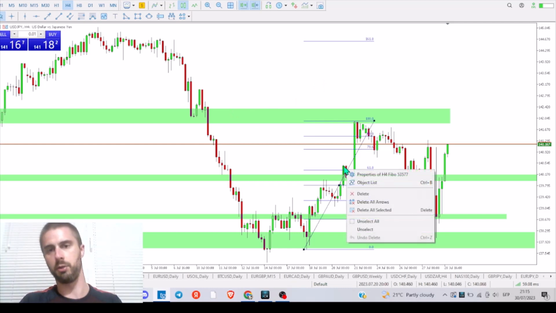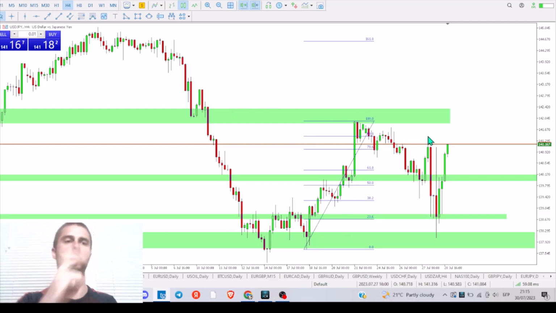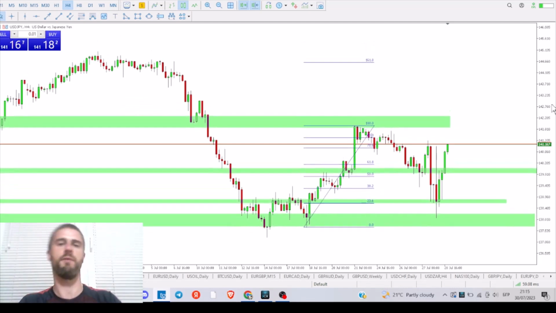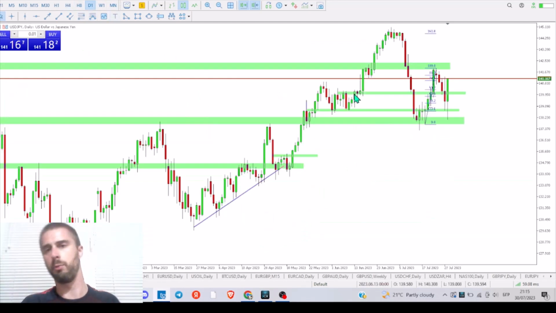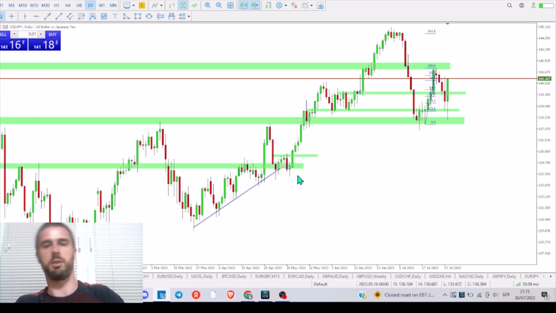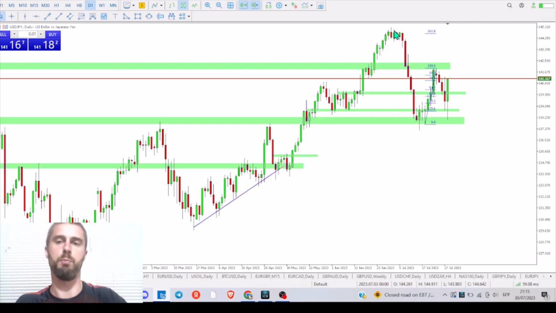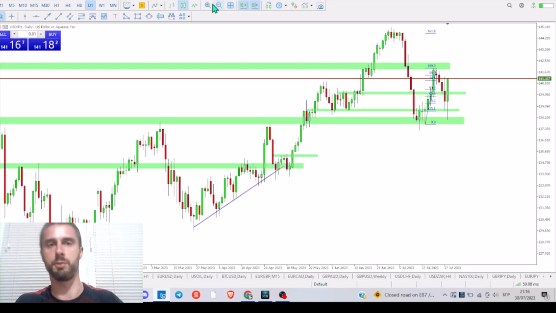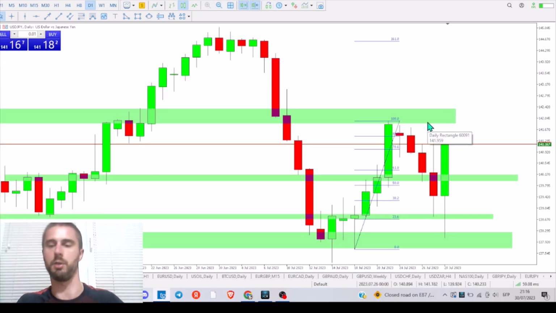Here is something interesting. Now I have shared this setup on my Facebook profile. I want to explain a little bit. So on the daily chart you see price going super bullish, then we have the correction, and then again bullish price action.